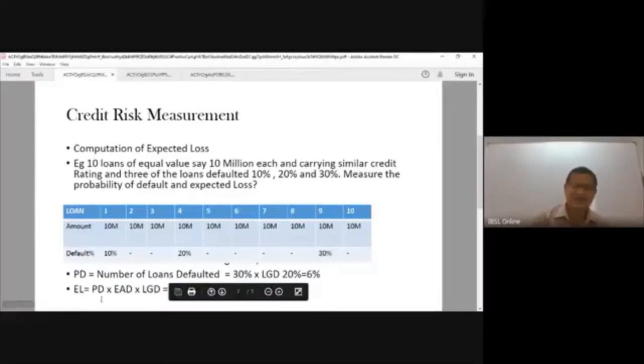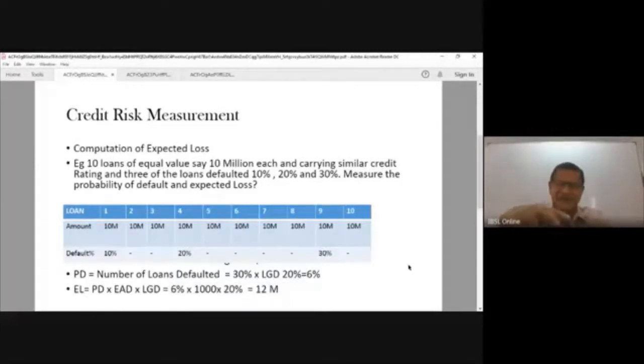So for expected loss calculation, generally you need to put this into a computer. Take similar types of loans, similar credit rating loans in one category, and look at their behavior for about 5 years, and that behavior will give you a probability of default rate.